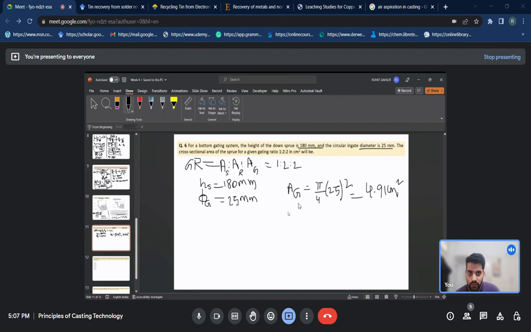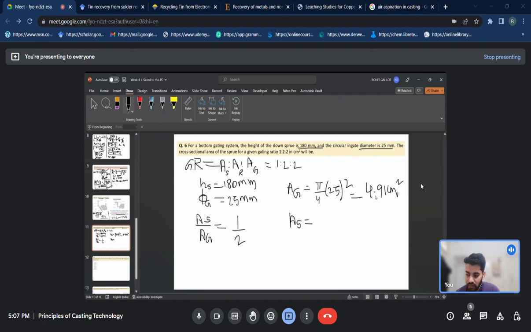Then from the question, you need to calculate the cross-section area of the sprue. So area of the sprue divided by area of the gate, from the given question, is 1/2.